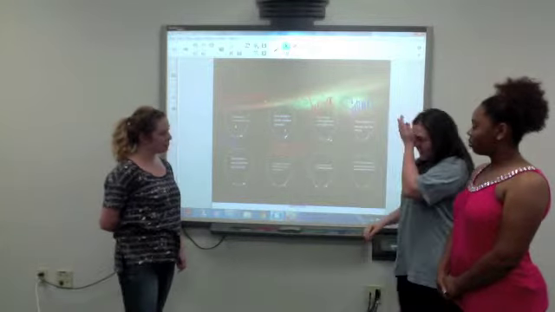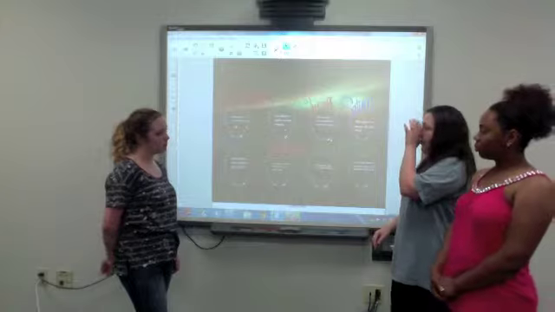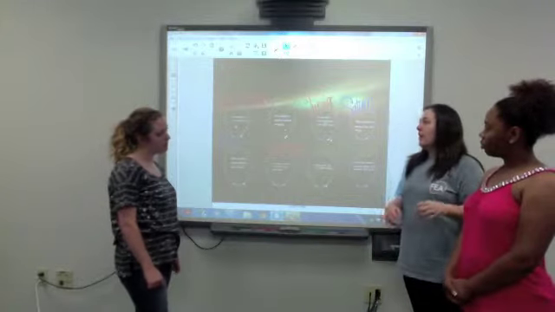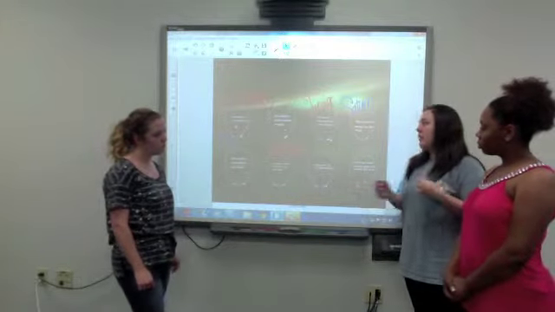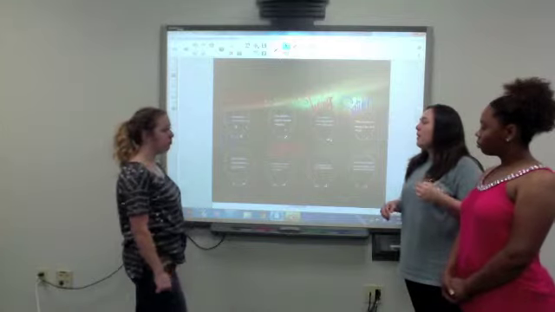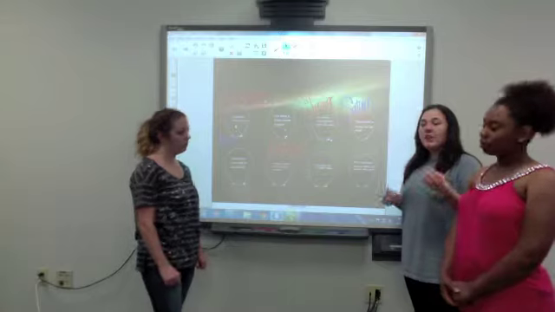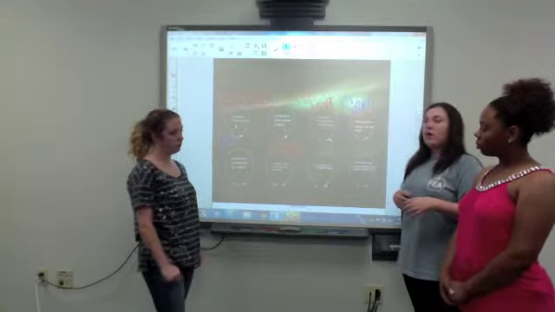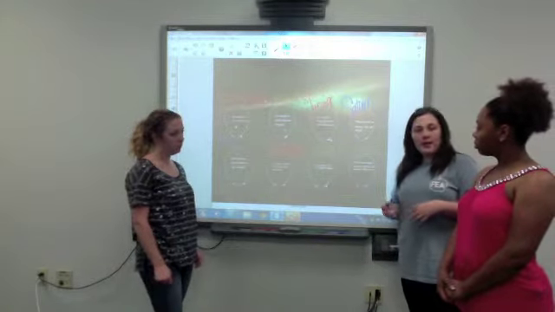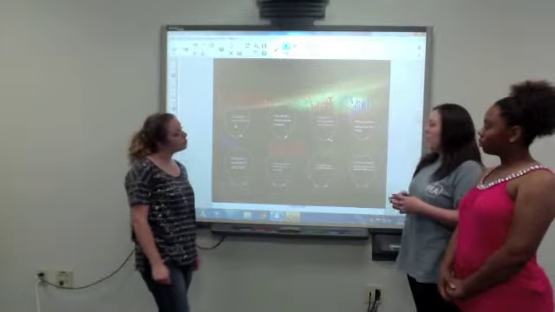Basically this allows the child to be interactive in the lesson. They're engaged in what they've learned. They're being able to be in groups so that they're not completing something on their own. They're actually having input from other people in their group. So if somebody were to know something about a planet, that could be a fact.